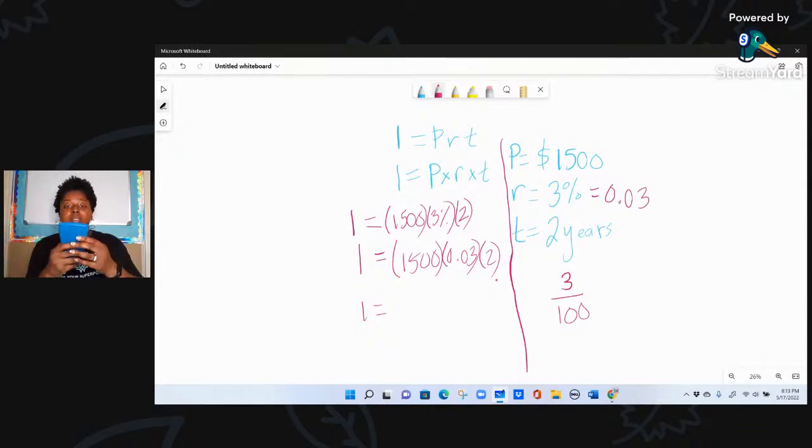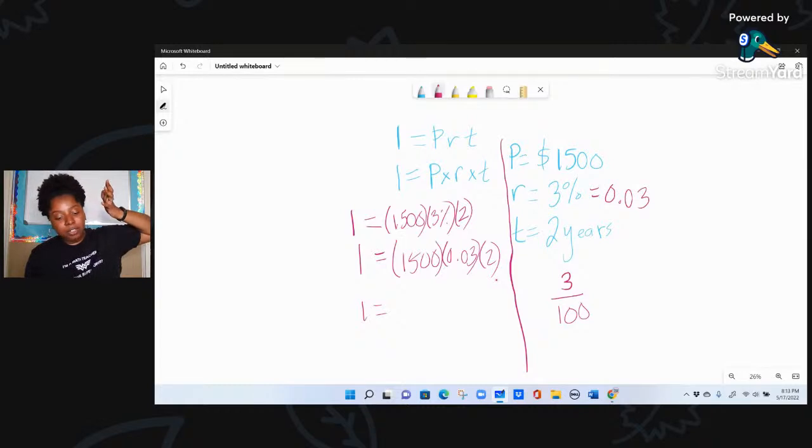So you just go and plug it into your handy dandy calculator. So we have 1,500 times 0.03 times 2. That's your principal, your rate, and your time, 2 years. Press enter. And this is not bad, right?